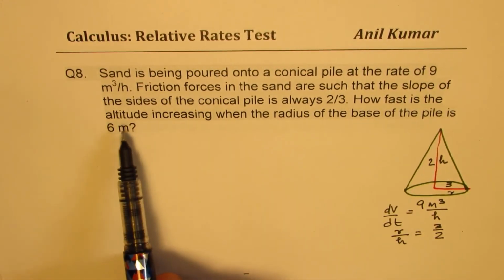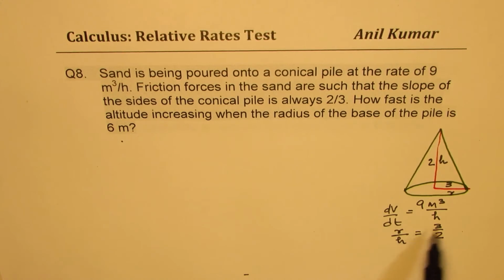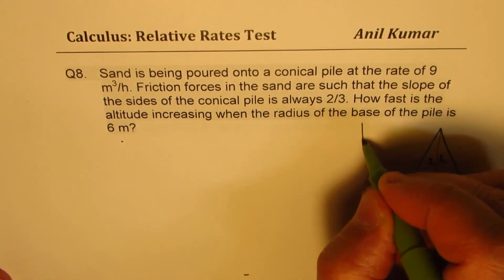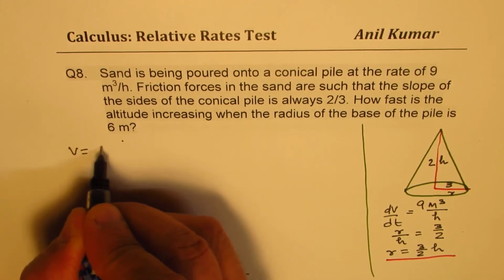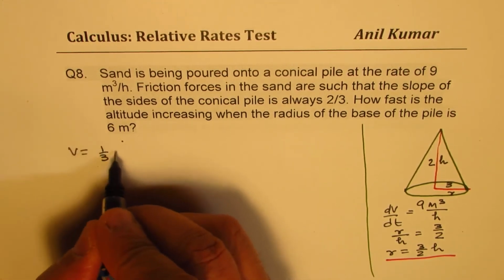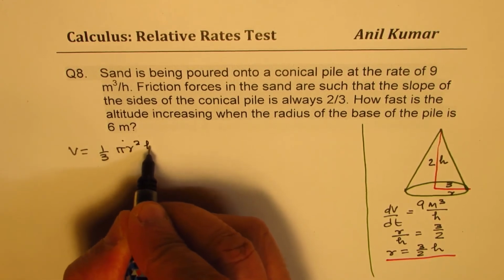Now, how fast is the altitude changing means we want height, right? So we'll have to write radius in terms of height, which is 3/2 h. So in our formula, we'll replace radius with 3/2 height, correct? So I hope that gives you some base to work with. Now, what is the volume of a cone? Volume of a cone is 1/3 the volume of a cylinder, right? Pi r square h.